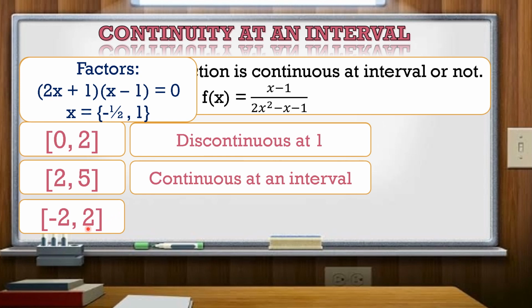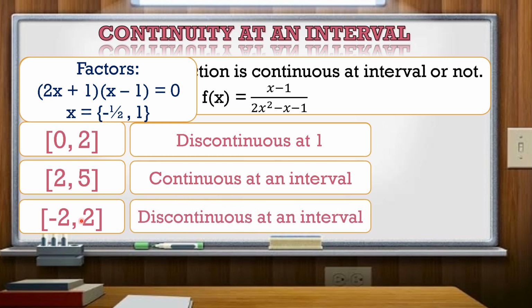How about negative 2, 2? So, yung negative 2 kasama, yung 2 kasama dito, at yung mga in-between the numbers ng negative 2 and 2. Okay, kasama sa interval nito. So, these are your negative 1, 0, and 1. Mapapansin natin na yung negative 1 half is in between also of negative 2 and 2. So, it will make your function discontinuous at an interval.